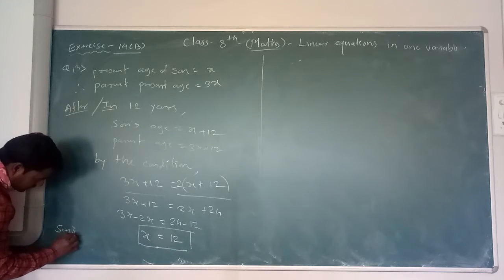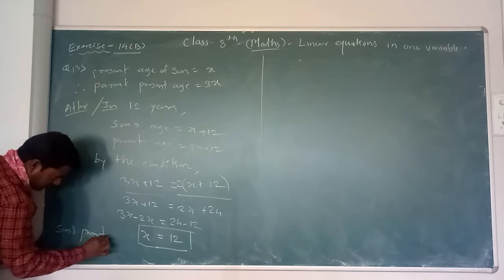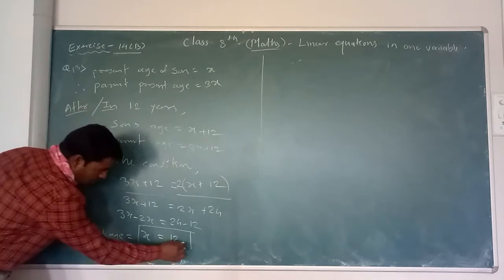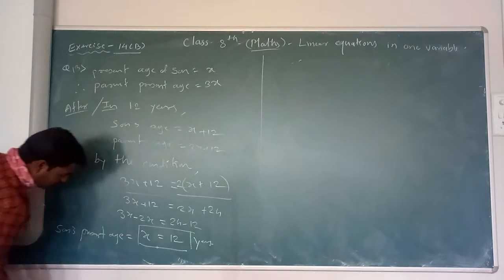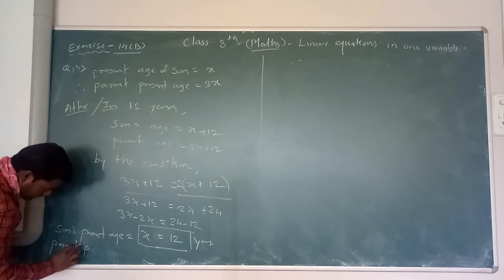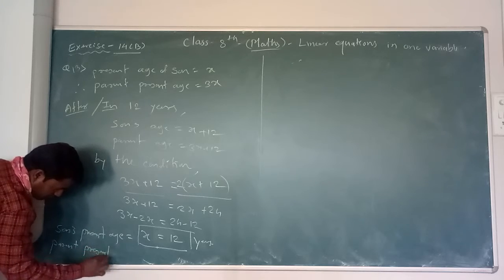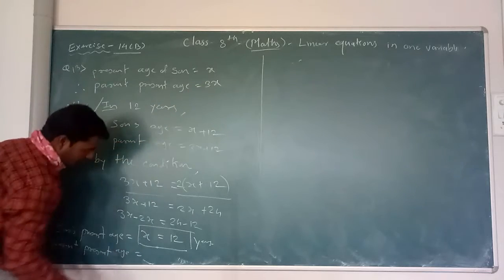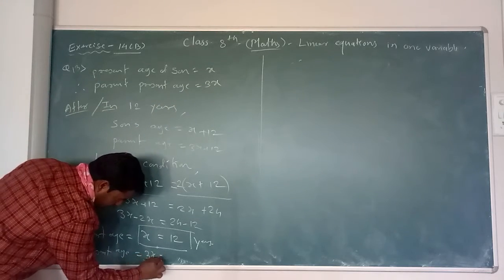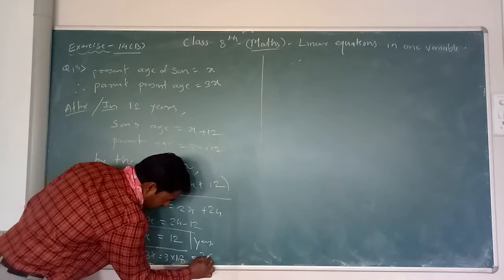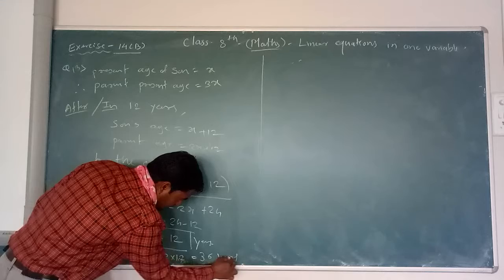The son's present age is x, which is equal to 12 years. And the parent's present age is 3 into x, that means 3 into 12, which will be 36 years.